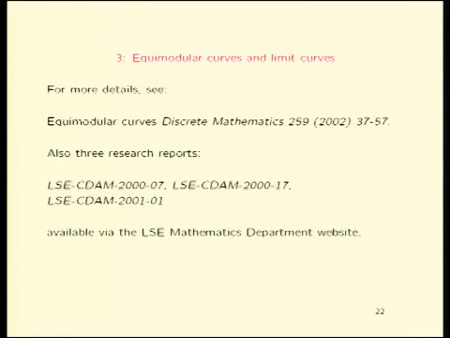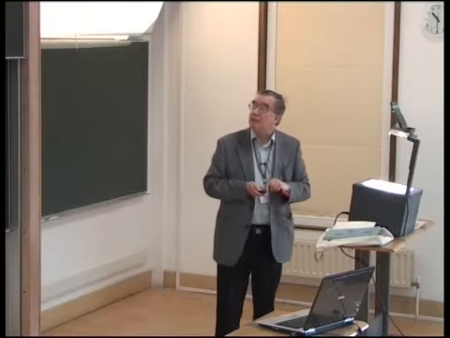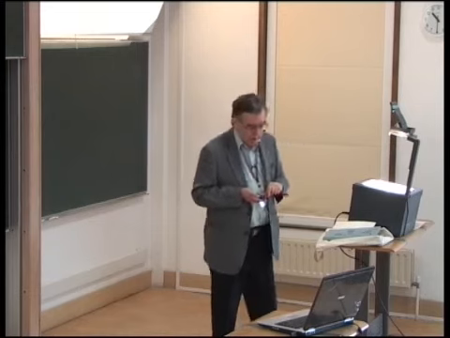So now we're going to move on to the curves, and there's a paper on this, and also the research reports there which contain more background material. So here's the story.